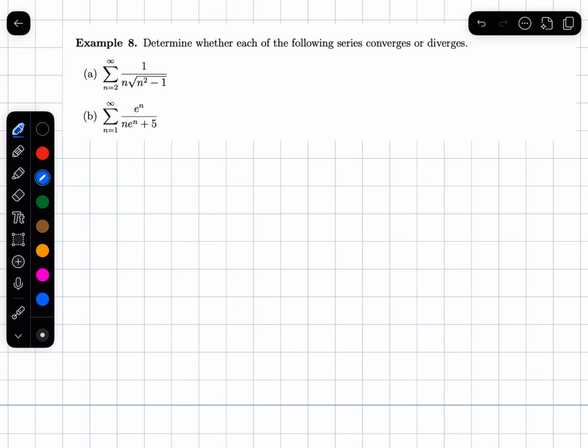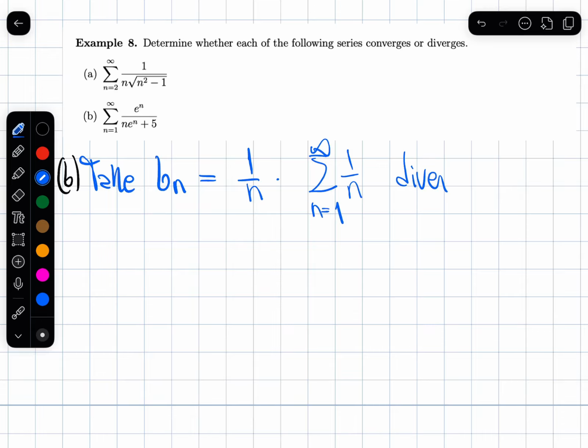So that's how mathematicians do things. So I'm going to do the same for B. I'm going to take my Bn to be e to the power n, 1 over n, right? That's the one that I think it compares to. This diverges because it's harmonic.